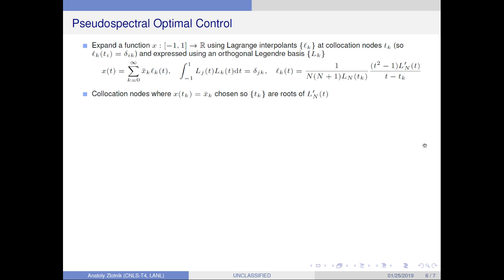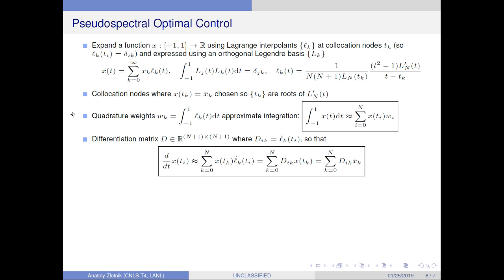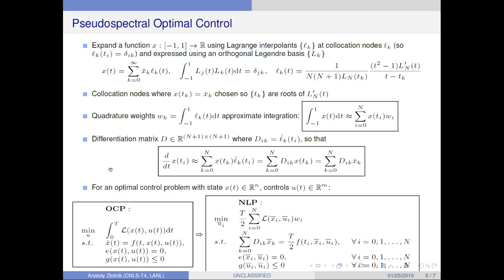So here, again, we summarize everything on a single slide. Expanding a function on a basis support using Lagrange interpolants at collocation nodes t_k, we can express any function using an orthogonal Legendre basis. We can generate then quadrature weights and a differentiation matrix to evaluate integrals and derivatives, and convert any optimal control problem to a nonlinear program.